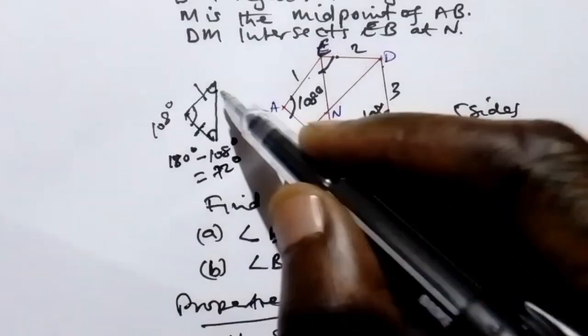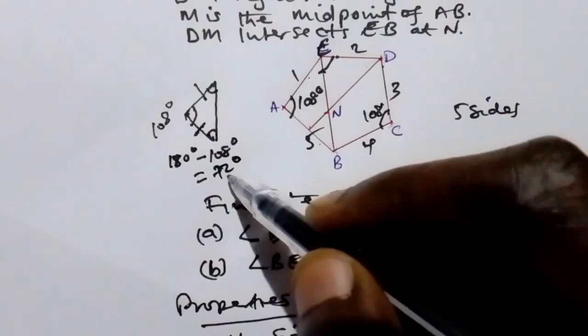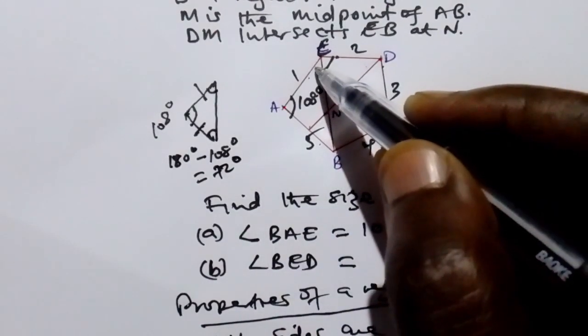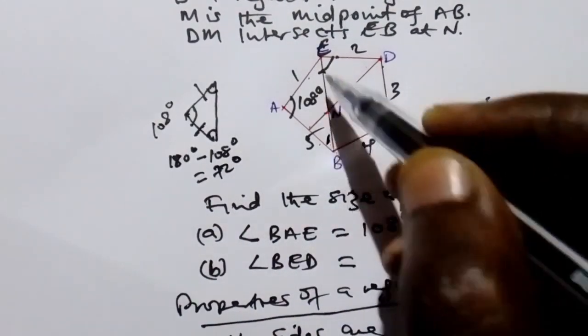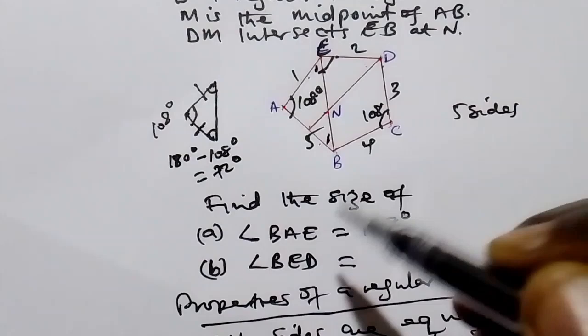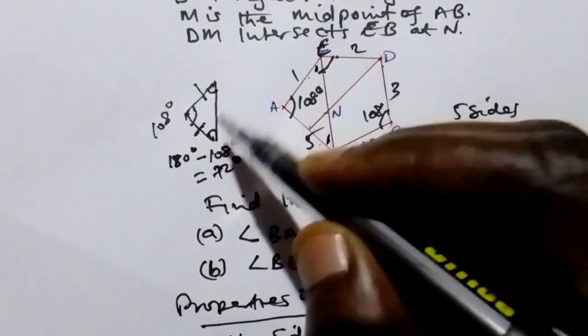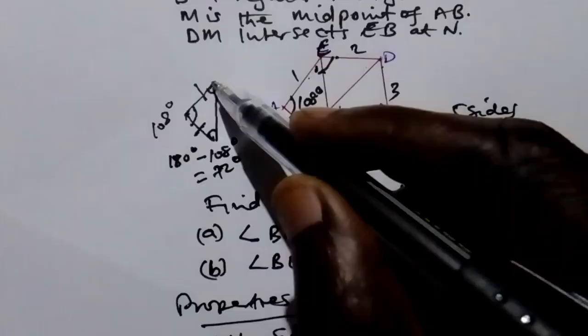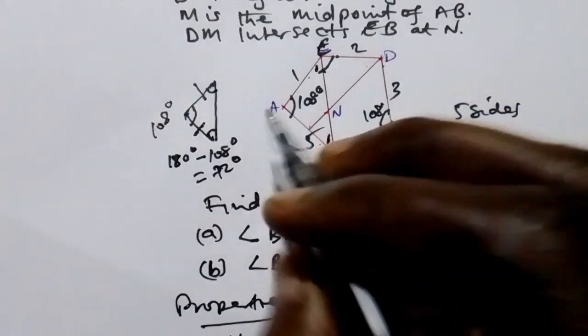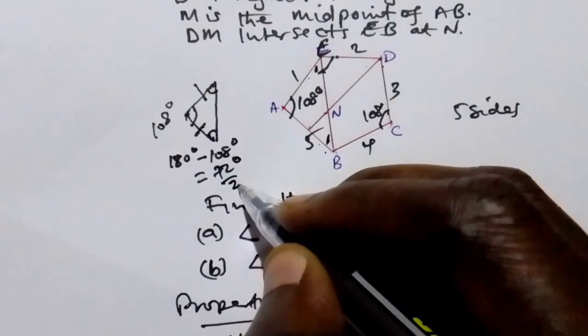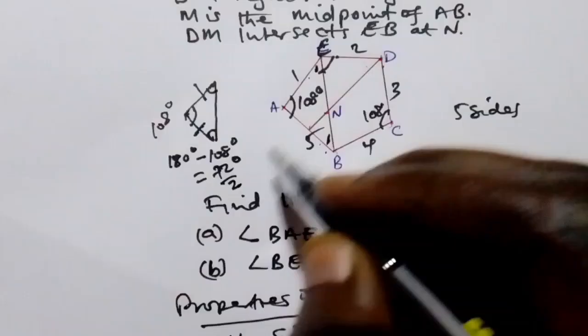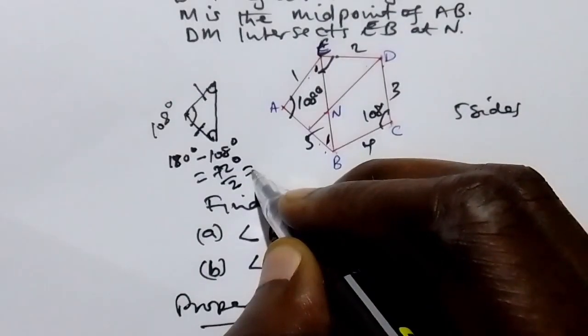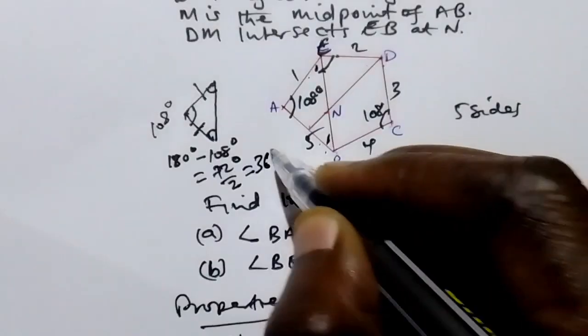So this angle plus this angle is giving us 72 degrees, and this angle is the same as this angle. So it means we divide this by 2 in order to get this angle and this angle. And when we divide that by 2, this is 36 degrees.